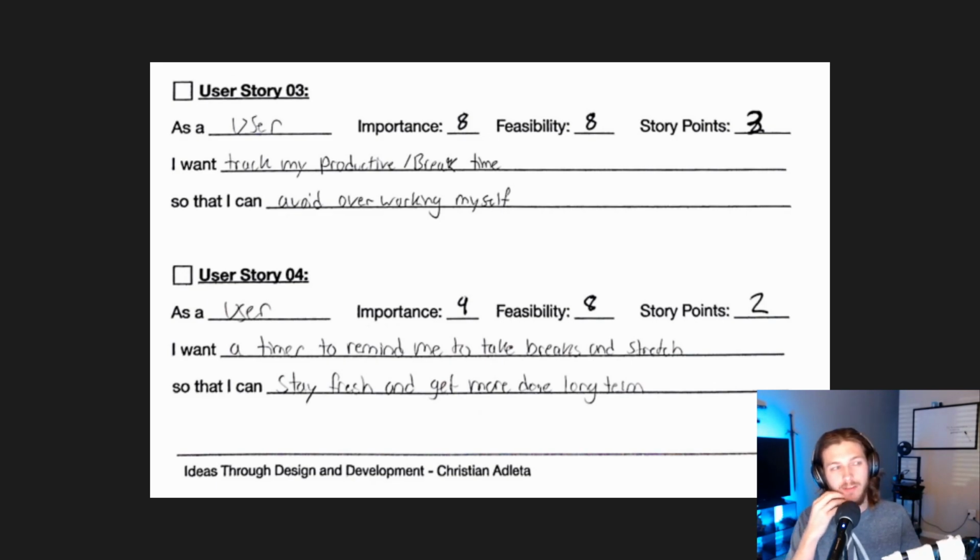So 2, I don't think this is going to be too difficult to implement because I'm thinking timer is really just going to be, they're going to put it in as a number input. And then what's going to happen is it's just going to create a date that has a time associated with it.